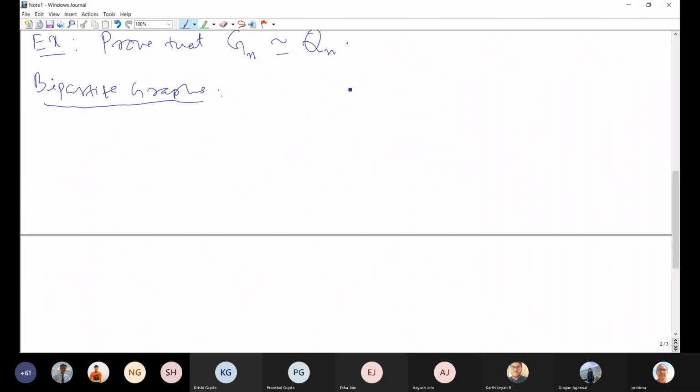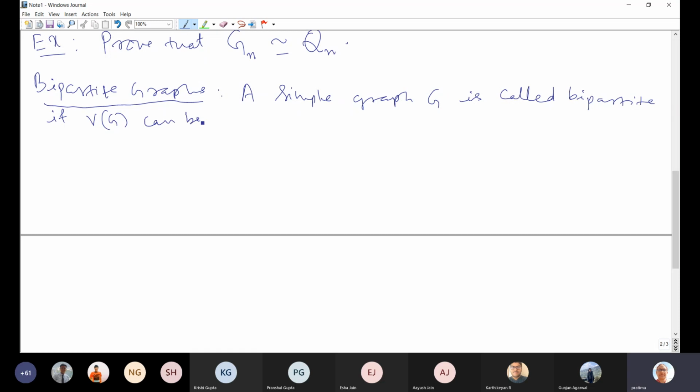Before that, let me define. Here we say that a simple graph G is called bipartite if the vertex set of G can be partitioned as V(G) equals V1 union V2.